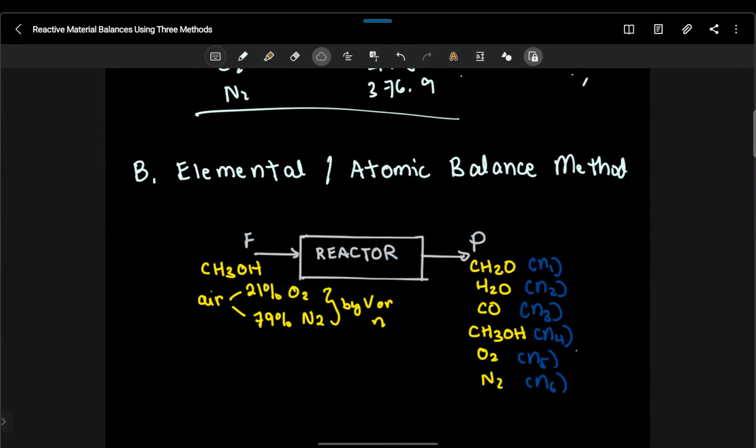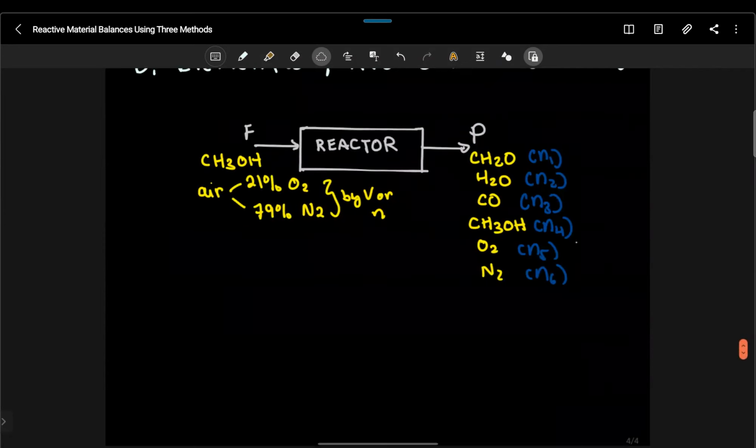Yan. Okay, so we'll solve the same problem, but we don't have to compute for the other given, no? Kasi tapos na yun kanina using the, dun sa discussion natin under extent of reaction method.